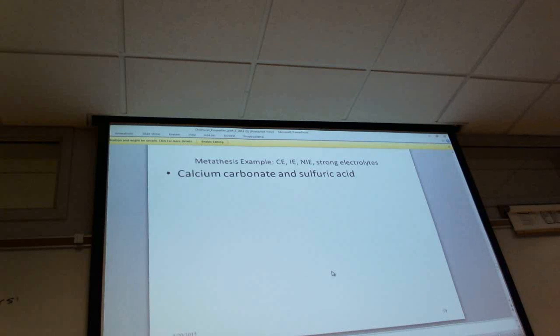Three oxygens sticking out like this? With the calcium like this? Attached to the carbon like this? Something like that? You agree? Yeah.